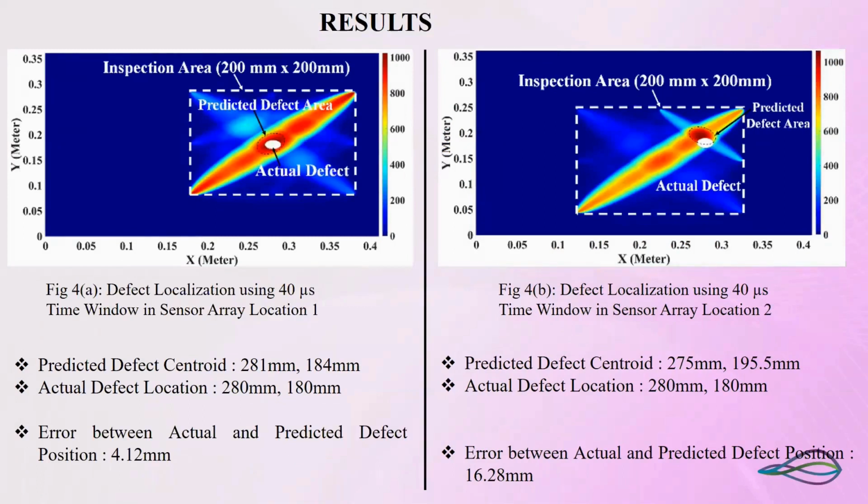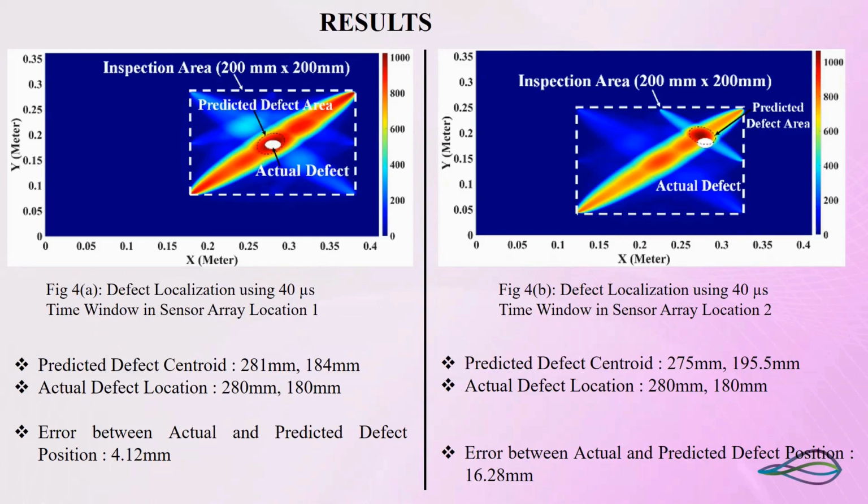Next, we have also varied the time window from 20 to 40 microseconds. These are the results of damage localization for 40 microseconds. Here we can observe that when the damage is at a line of sight position, the error between the actual and predicted damage remains more or less the same.